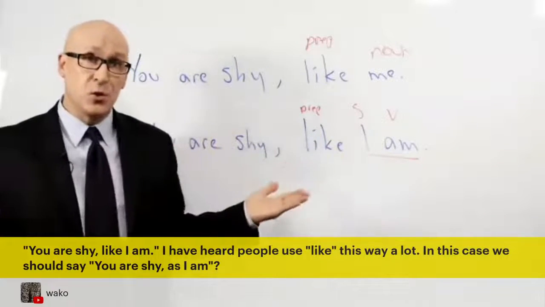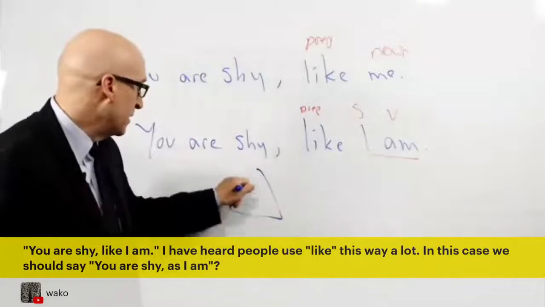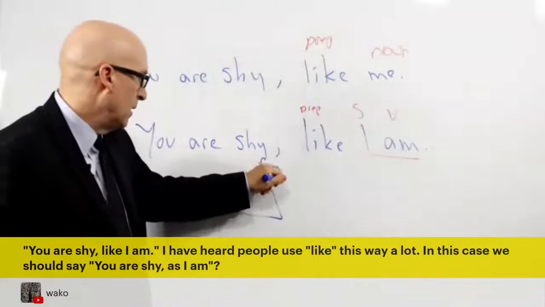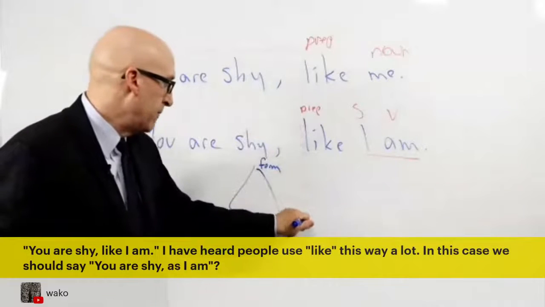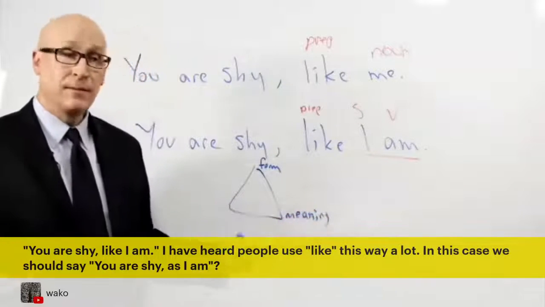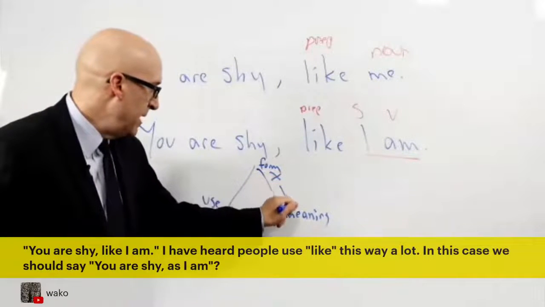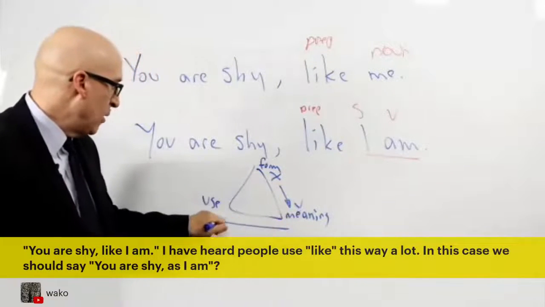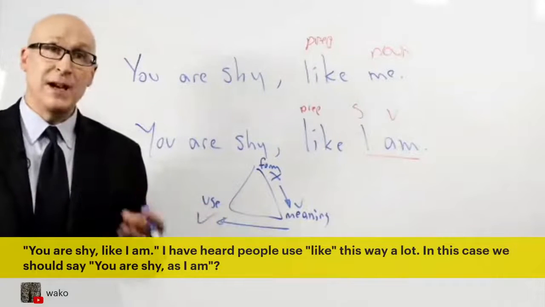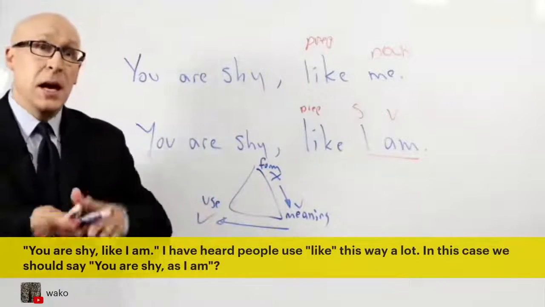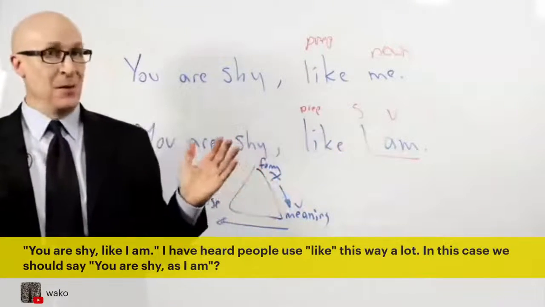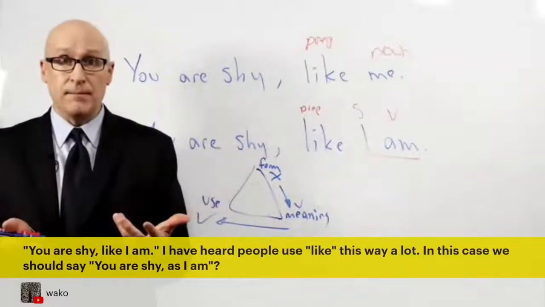The use, this is where the triangle comes back, right? Form, bad grammar, meaning. Yeah, the meaning's clear. And use. So if this is bad, but the meaning is okay, maybe over time, it's going to be adopted into public use. And the more people use it, the more the dictionary makers have to accept it, right?